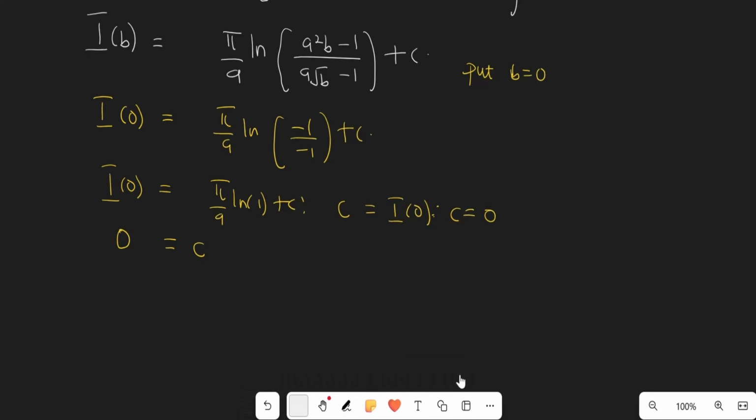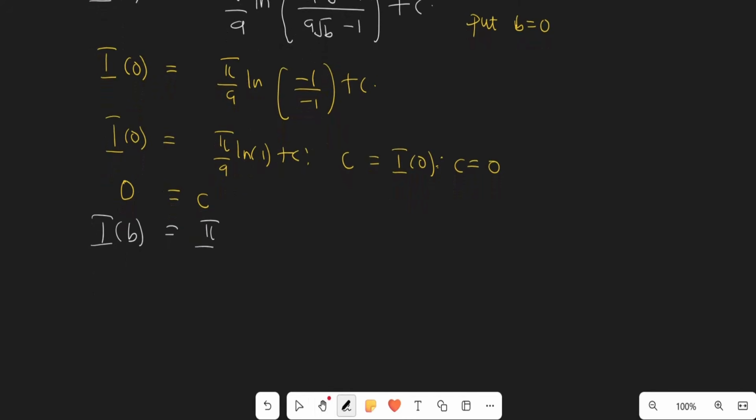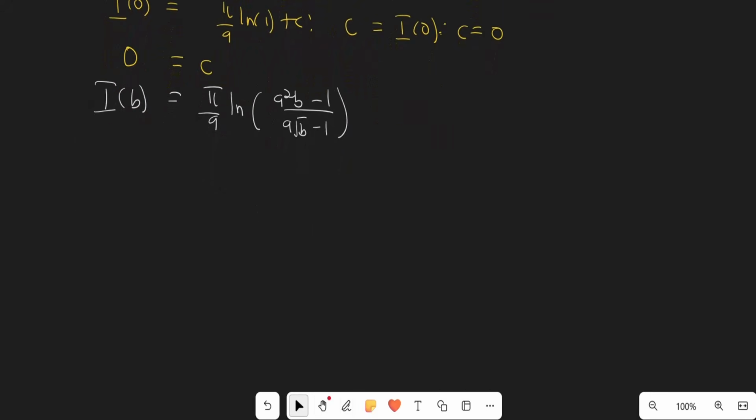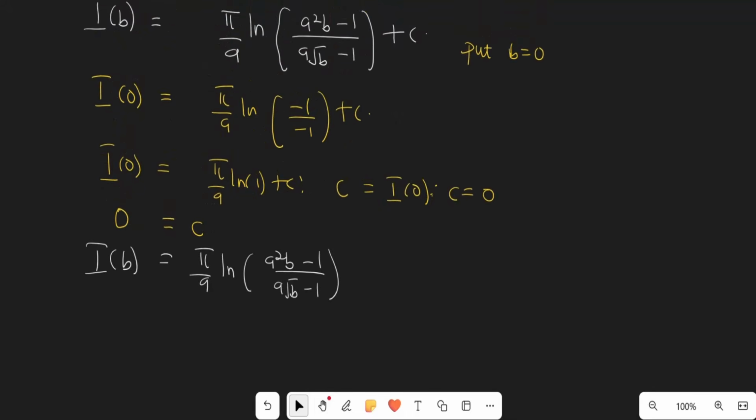So now that c is equal to 0, we can replace it. I of b is equal to pi over a, and then the ln of a squared b minus 1 all over a square root of b minus 1, like this, and c is 0. Now we have to find the original integral.